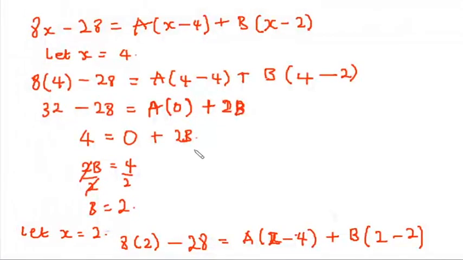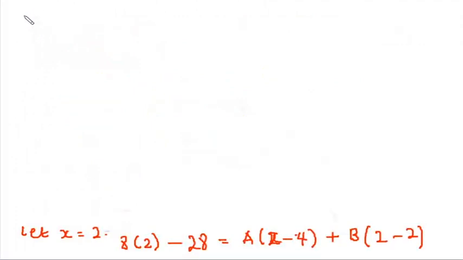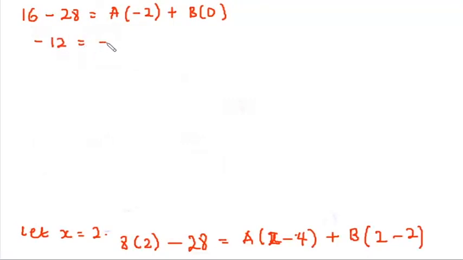So 8 times 2 is 16 minus 28 is equal to a times negative 2, plus b times 0. So 16 minus 28 is minus 12, equal to minus 2a. So a equals minus 12 over minus 2, which is equal to 6.